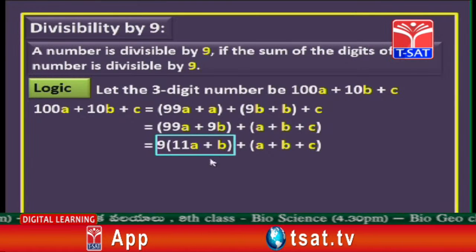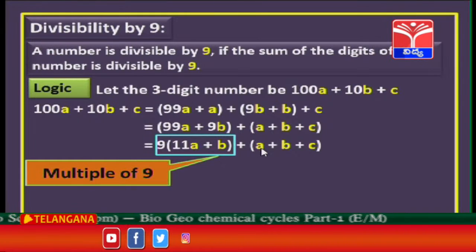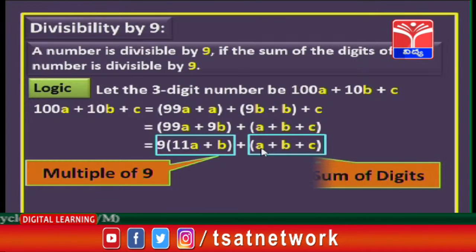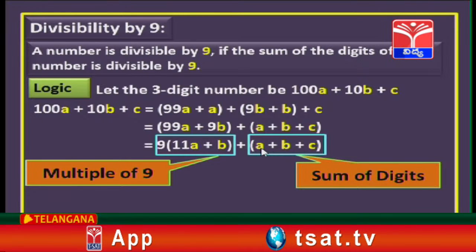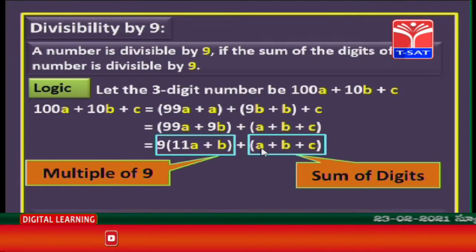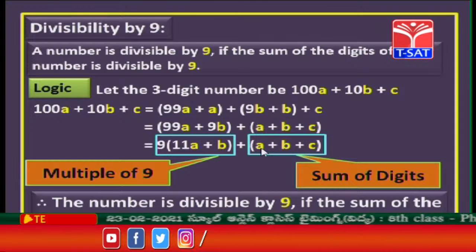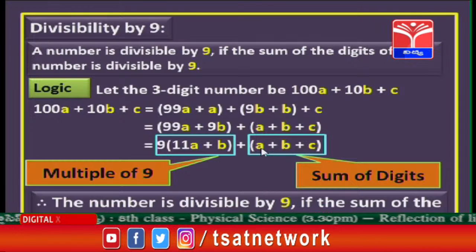Yes, here 9 into 11A plus B is a multiple of 9. If this A plus B plus C is also a multiple of 9, that is, the sum of digits is a multiple of 9, or if A plus B plus C is divisible by 9, I can say that the given number is also divisible by 9. So, what do you conclude, children? Yes, the number is divisible by 9 if the sum of the digits is a multiple of 9 or divisible by 9.